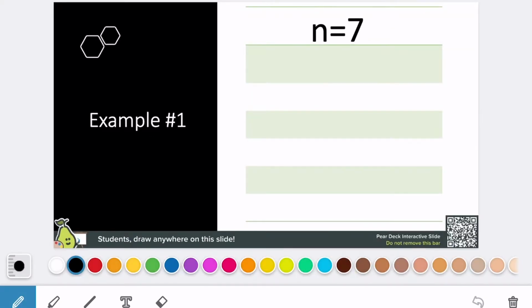Okay, so for example number 1, if we have n equal to 7, I am first going to write it down and then I can go ahead and explain it.